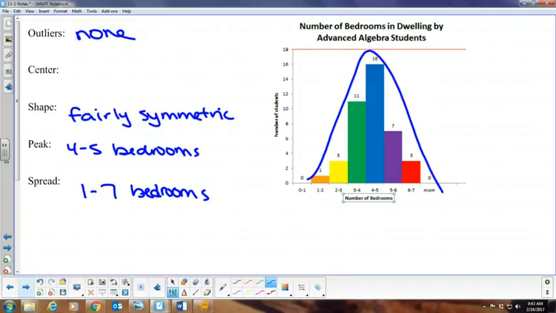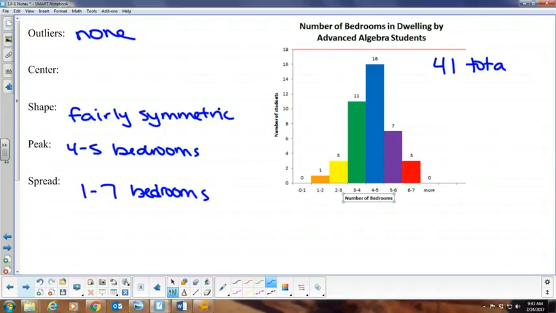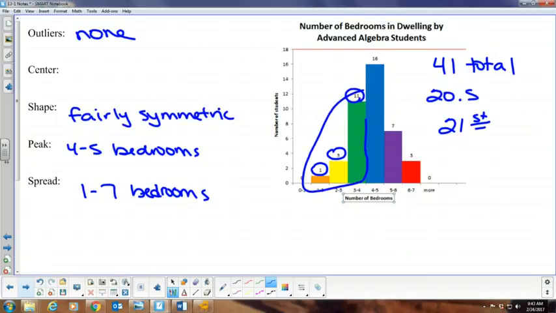Now the center, when I added all these numbers up, I got 41. So 41 total kids. When I divide that by 2, I get 20.5. So that means my 21st value is my center. So my 21st value would be not here. There's 1 plus 3 is 4 plus 11 is 15. So the first 15 are in those bars right there.